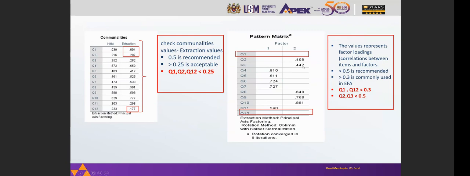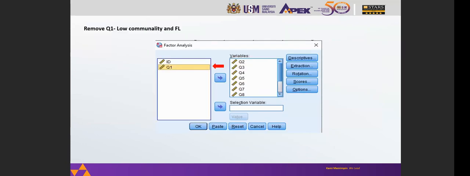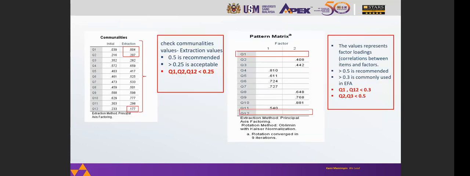We can also see Q2 and Q3 have factor loadings less than 0.5. So we have a few poor items here: Q1, Q2, Q12.